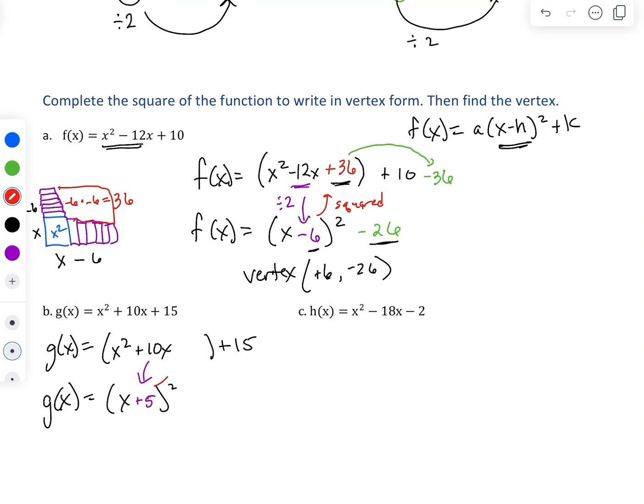So positive 5. Then I square it. So positive 25. And then I balance it, so I subtract it out here. Then I can combine these two together to give me a negative 10. That's vertex form, and my vertex is negative 5, negative 10.